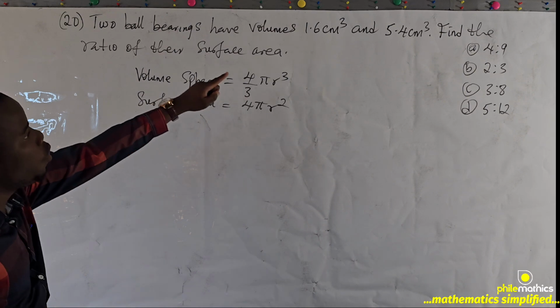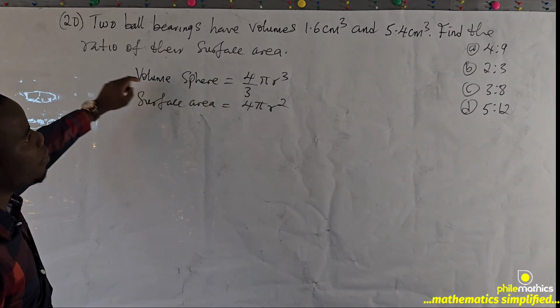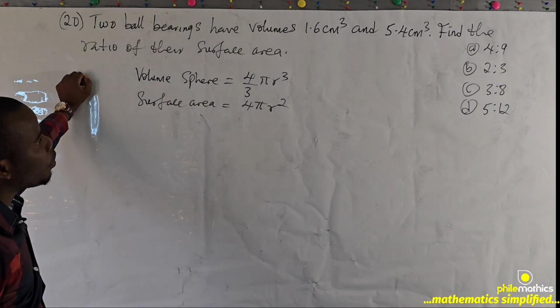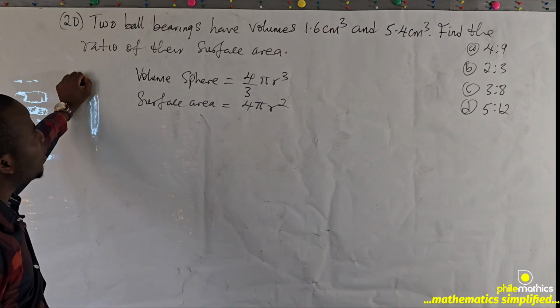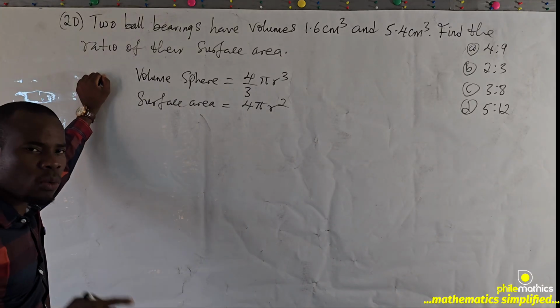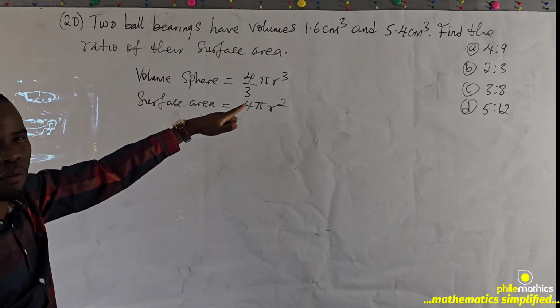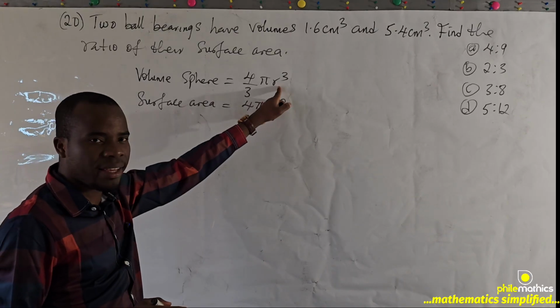We are told that the volumes are 1.6 cm cubed and 5.4 cm cubed. So the first thing you want to do is to find the ratio of their radii.